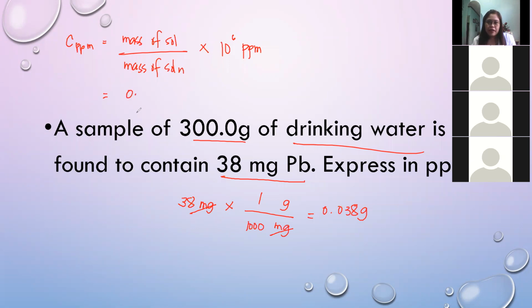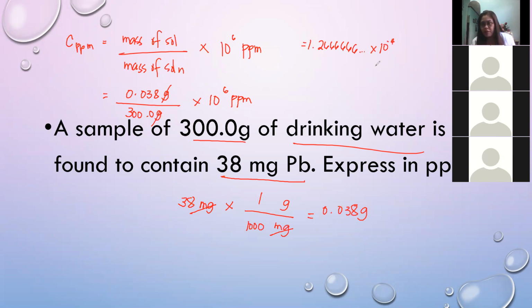So, 0.038 grams of lead is contained in 300.0 grams of water, times 10 raised to the power of 6 ppm. If you divide this, the grams cancel, so there is no more unit of grams. 0.038 divided by 300 is 1.26666, and it continues, times 10 raised to the power of negative 4.